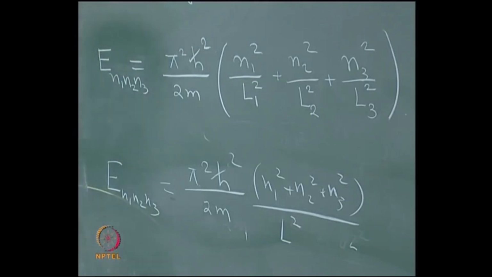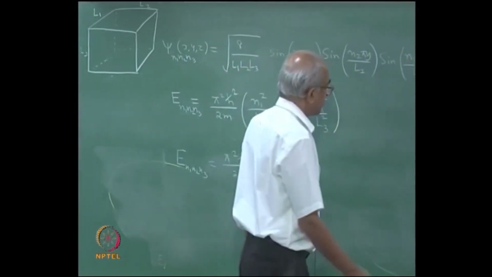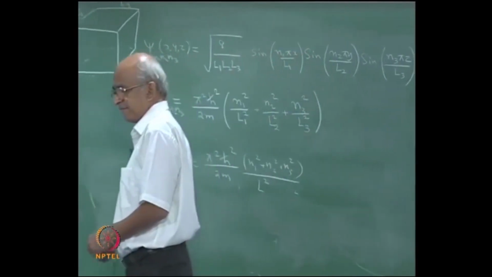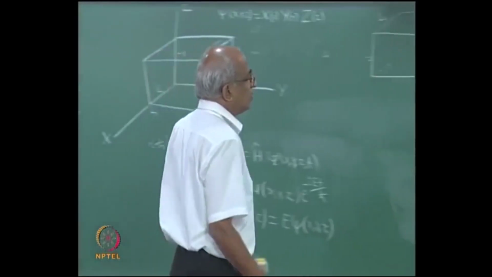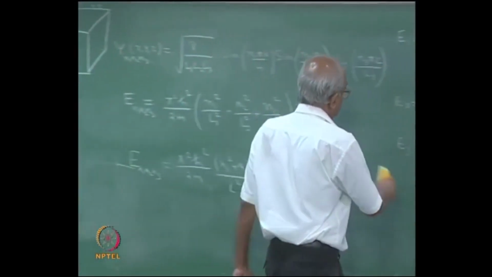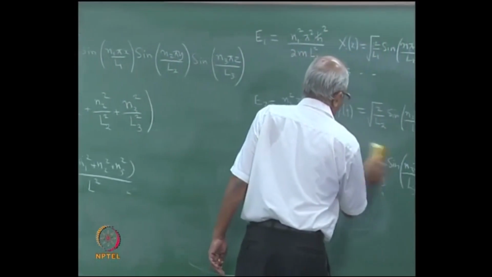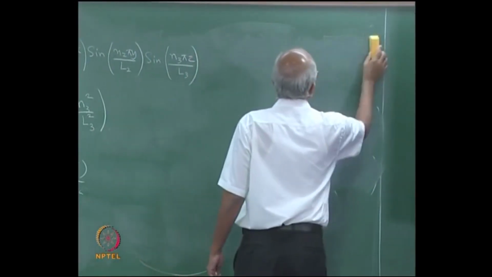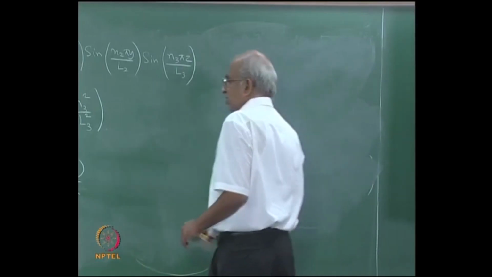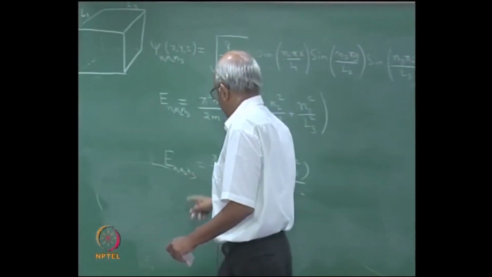So, the lowest possible state happens when N1 is equal to 1, N2 is equal to 1, N3 is equal to 1.